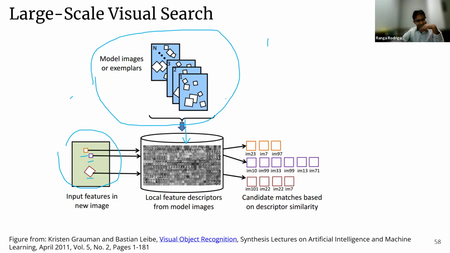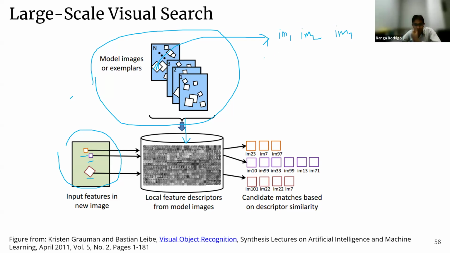Let's take this feature. Let's consider this as a special feature. For each of these features, what are the images on the internet that have that? So IM1 has that. IM2 has that. Maybe IM7 has that. Like that.